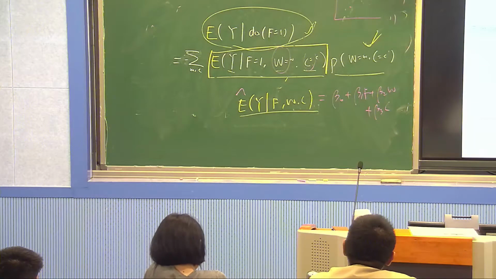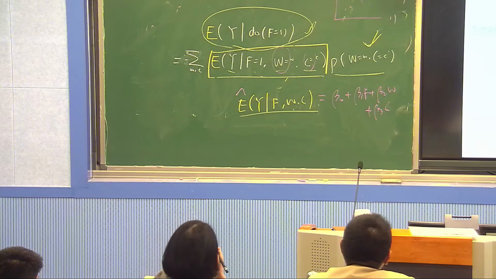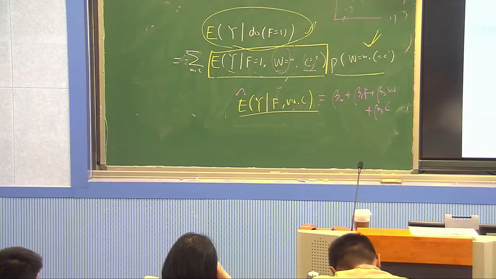Can I still identify the causal effect of F on Y? The answer is maybe, maybe not. If we observe all the parents of the treatment and the outcome, then yes, you can always non-parametrically identify the causal effect. But what if we do not observe all the parents?